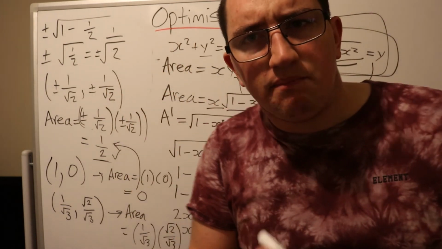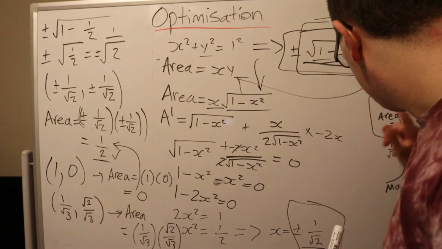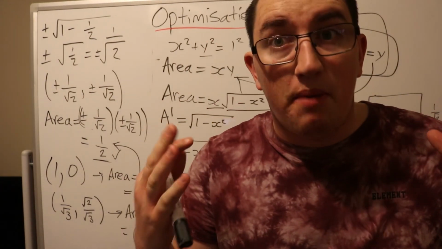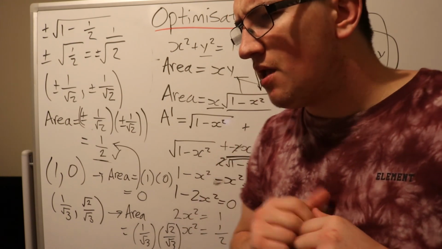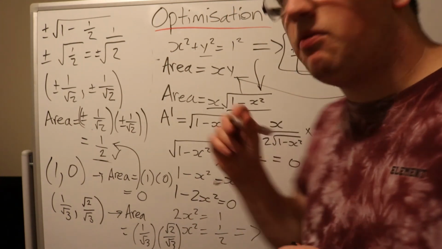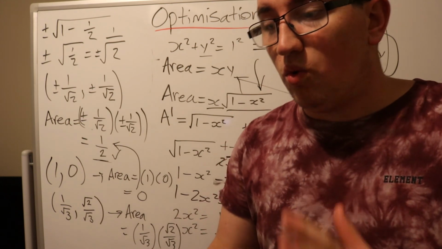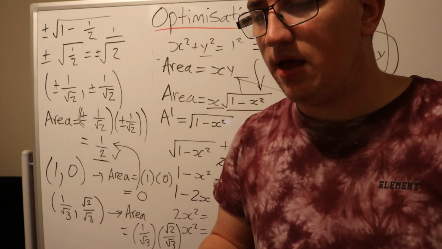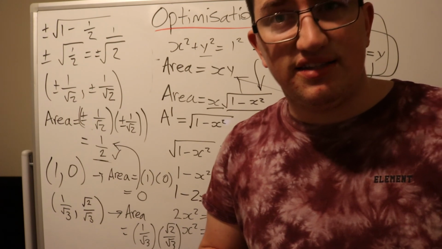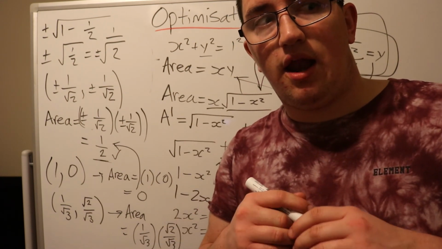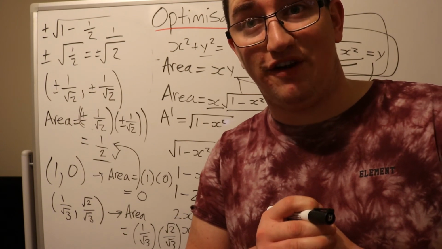So basically, what we found here is the area of a rectangle within the top part of the circle. So the maximum area of that rectangle or square that we were looking at in a full circle is actually 2 multiplied by half. And that gives 1. And yeah, that's the actual finish of the video there.